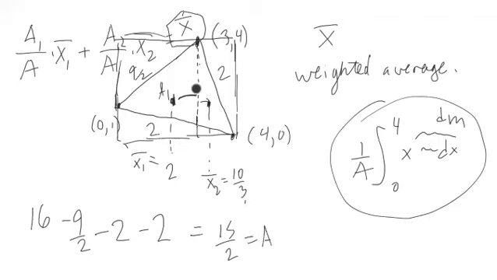Then what's the area of the individual triangles? Well, this triangle right here is 2, because this is 2, but minus this little sliver right here that we have to worry about. Now what is that?